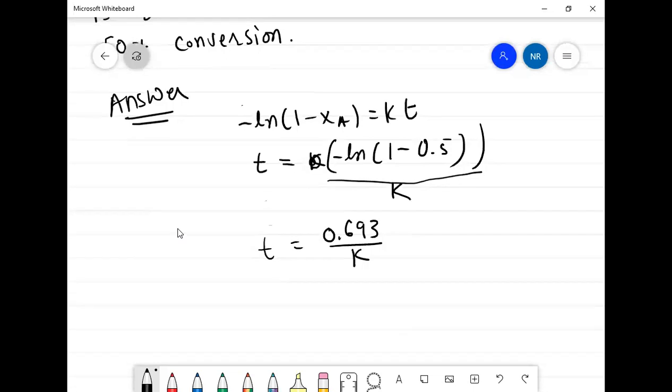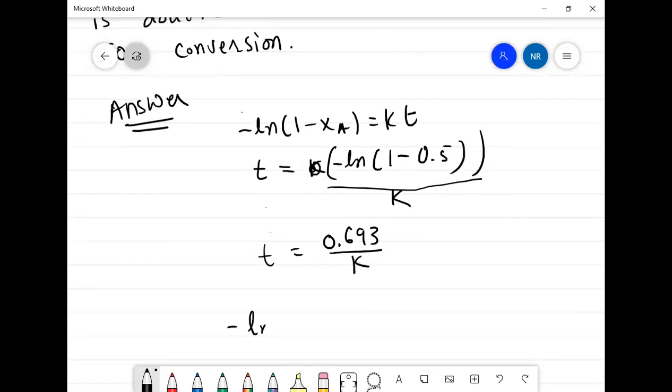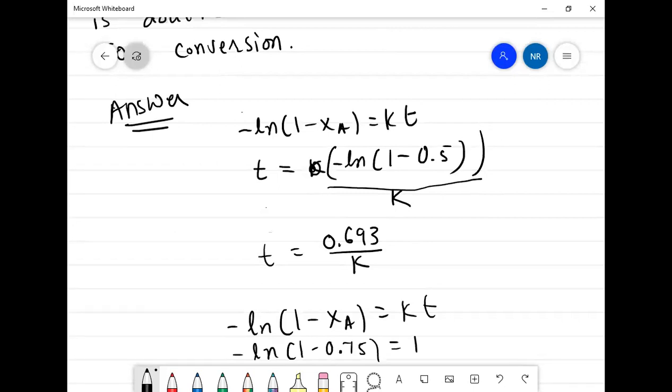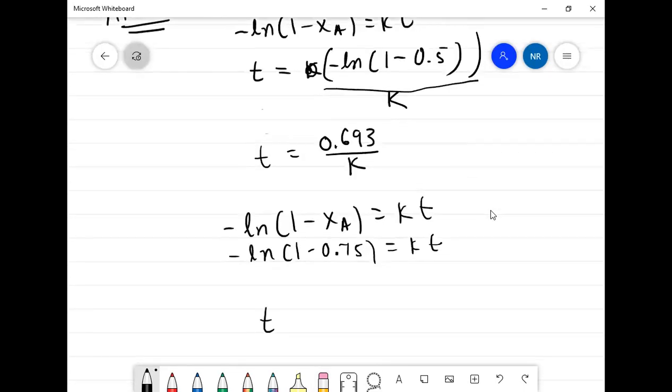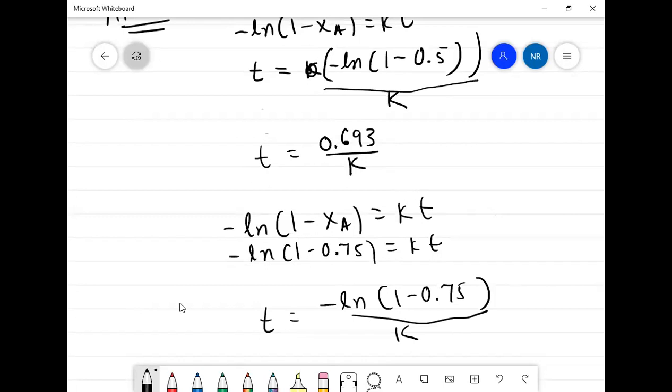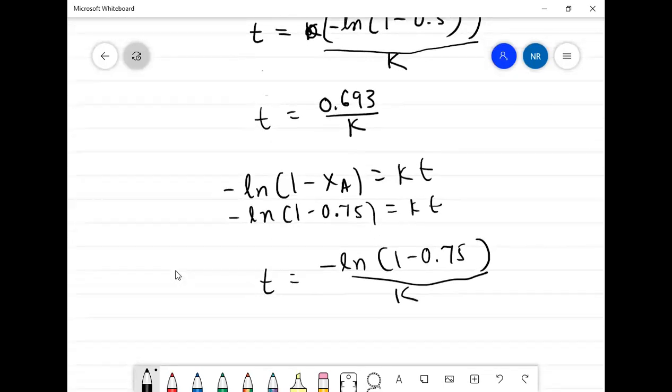Now for 75% conversion, minus ln(1 minus XA) is equal to kt. So minus ln(1 minus 0.75) is equal to kt. So t is equal to minus ln(1 minus 0.75) divided by k. T here for 75, T here for 50.